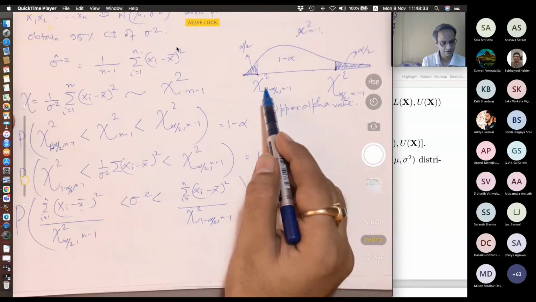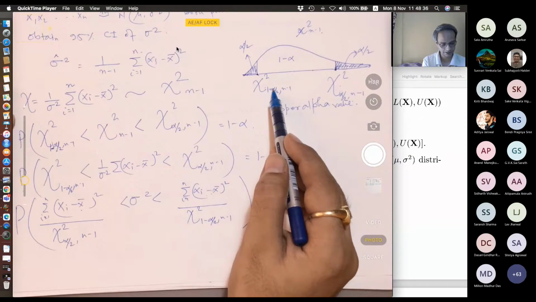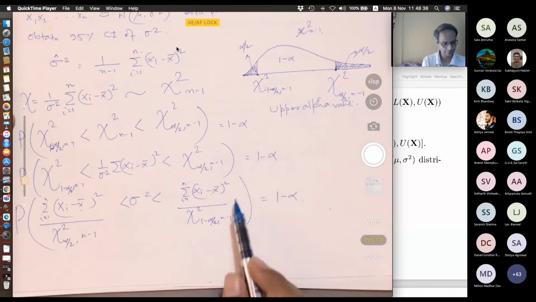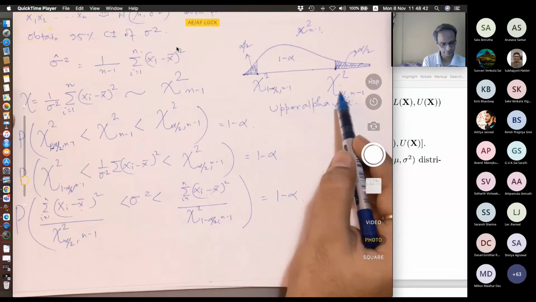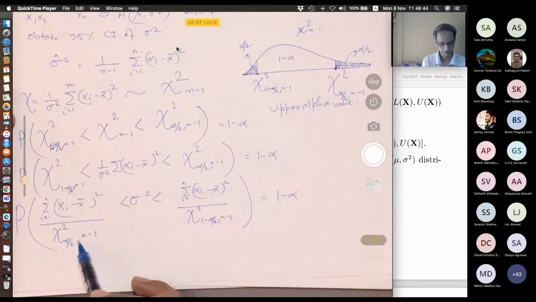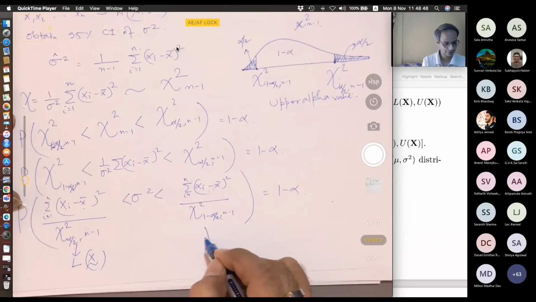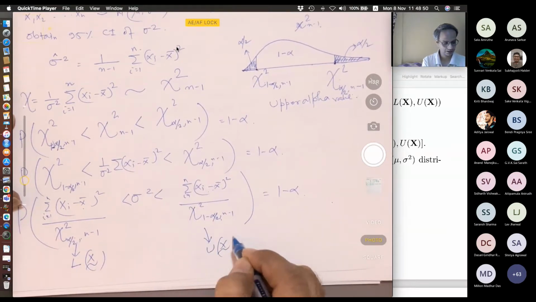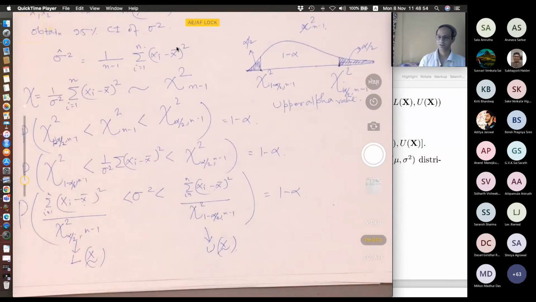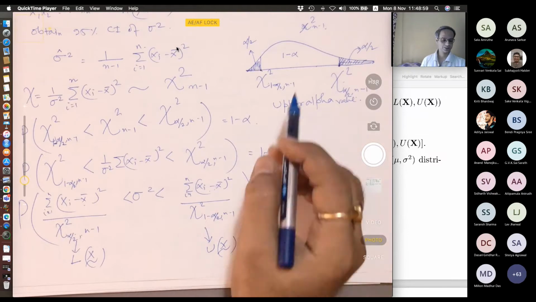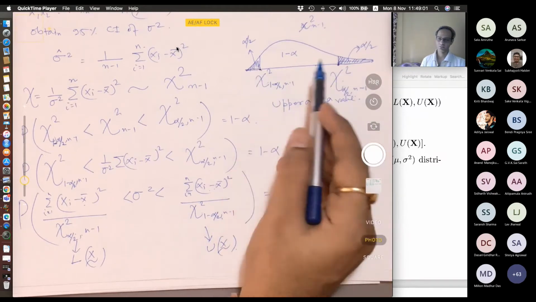So if you divide by something which is less in magnitude, you will get a larger number; if you divide by something more in magnitude, you will get a smaller number. So this will be the lower limit, this the upper limit, and this is the 1 minus alpha confidence interval, keeping alpha by 2 on both sides.